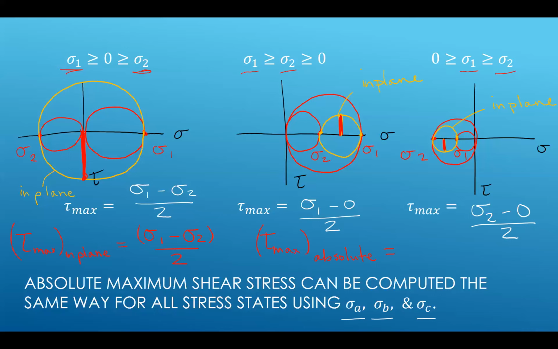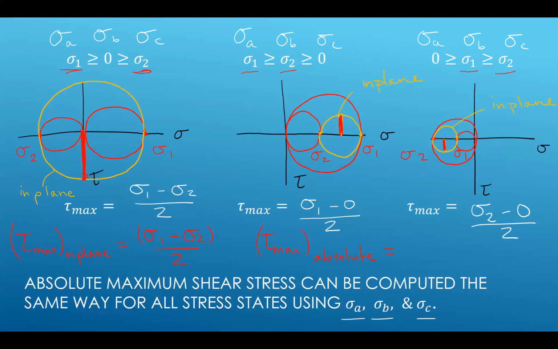Now, sigma A is always the largest of your principal stresses. Sigma B is the middle, and sigma C is the smallest. So we can identify these as sigma A, sigma B, and sigma C.